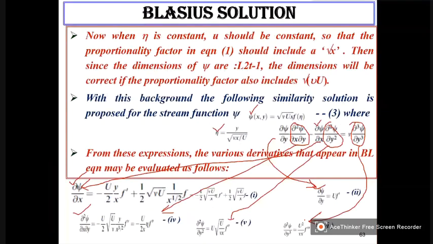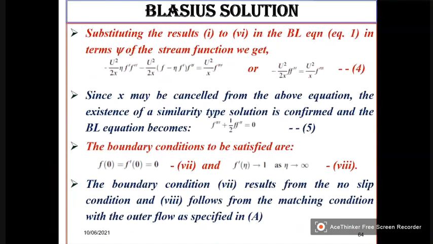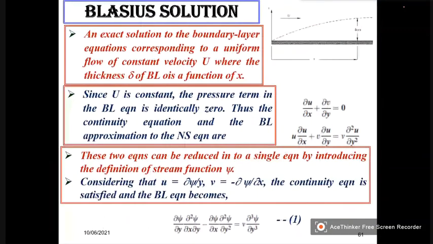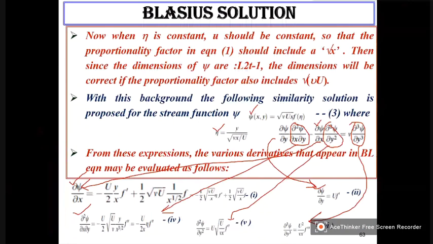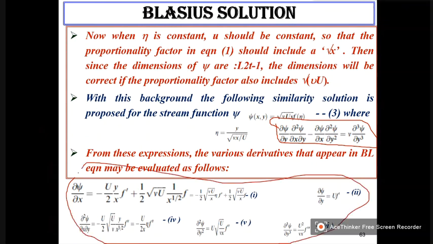So once I calculate these and substitute them in our parabolic equation, equation 1, substitute all these things in this.